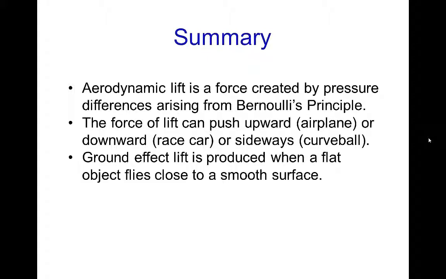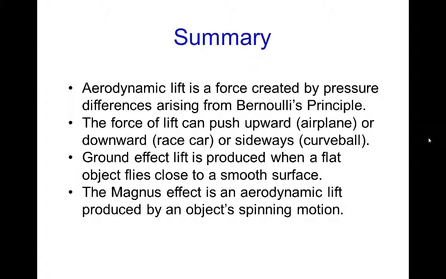The ground effect lift is an enhanced lift that occurs when a flat object is flying just over a smooth surface, like a sheet of paper over a smooth table.